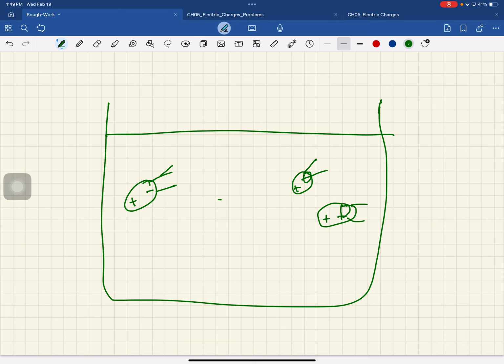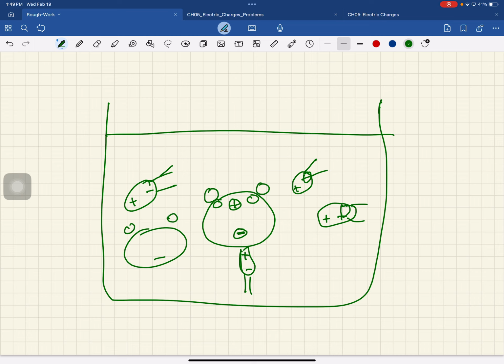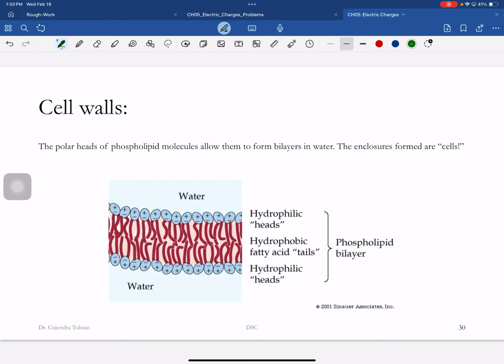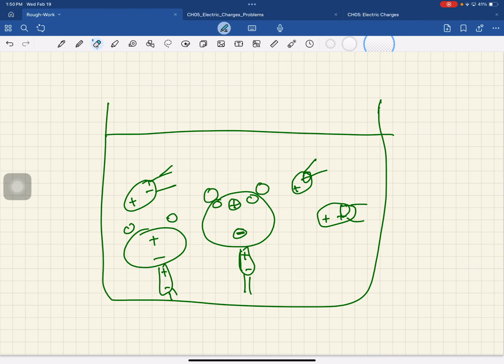So here is a water molecule. This end is negative and this end is positive. This molecule will line up like that. You understand what I'm doing? You take a bunch of these molecules and throw them in water. This is what happens.